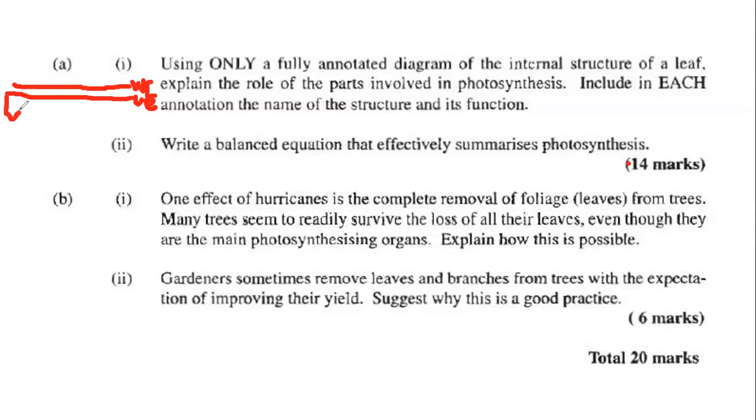Right, so we have the palisade mesophyll. Remember the palisade mesophyll cells are basically rectangular structures right along the layer, and they contain a lot of what? Chloroplast. That's very good. Remember, we're not just looking at the pigment itself, we're looking at the structure that contains the pigments.